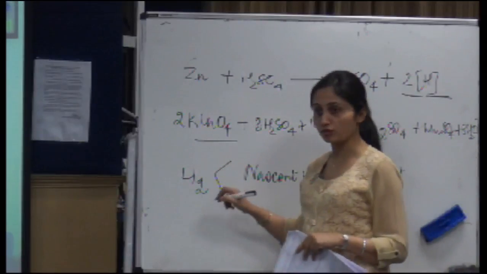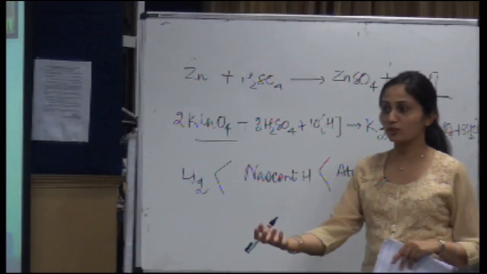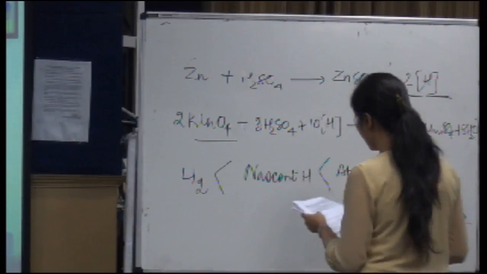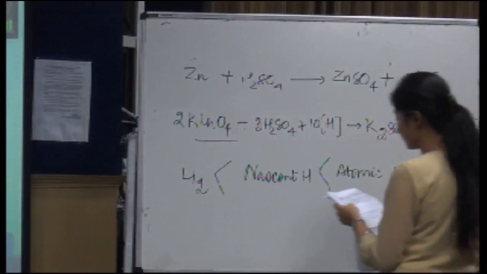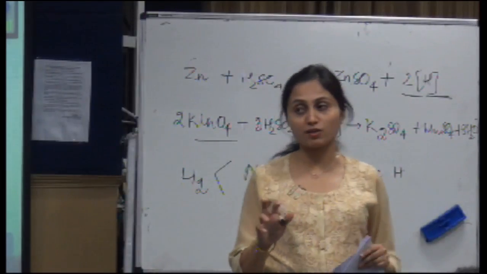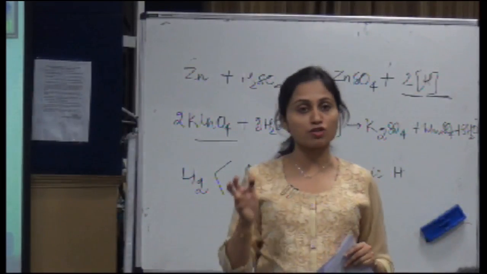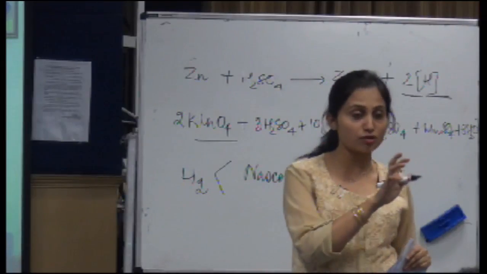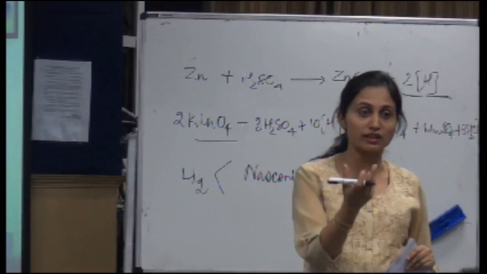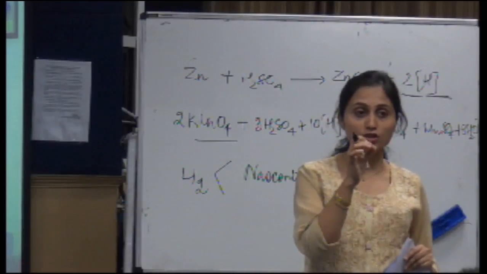Atomic hydrogen. Because the moment it becomes atomic hydrogen, it will immediately form. See, atomic hydrogen is the one which is created generally from some kind of a hydrogen compound in such a way that it is absolutely in an atomic form. Nascent hydrogen is a short-lived species.